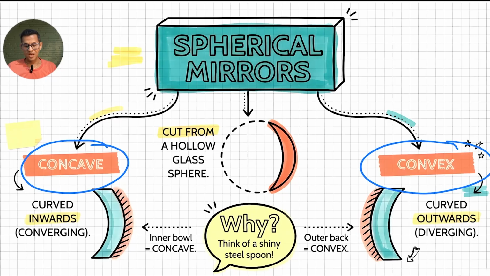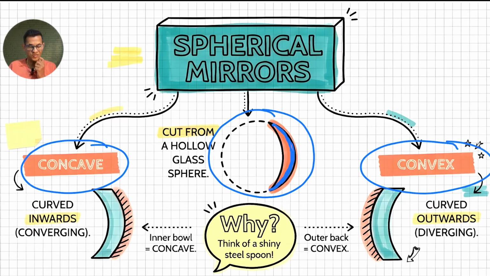Spherical mirrors are usually made by using hollow spheres of glass. As I've shown here, if I cut the hollow sphere along the dotted line, I'll get a mirror whose reflecting surface is curved inwards, and this type of mirror is called a concave mirror.